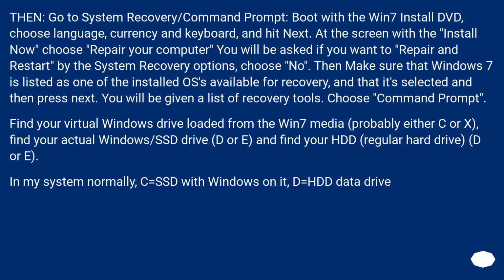Find your virtual Windows drive loaded from the Win7 media, probably either C or X. Find your actual Windows/SSD drive, D or E, and find your HDD, regular hard drive, D or E. In my system normally, C equals SSD with Windows on it, D equals HDD data drive.